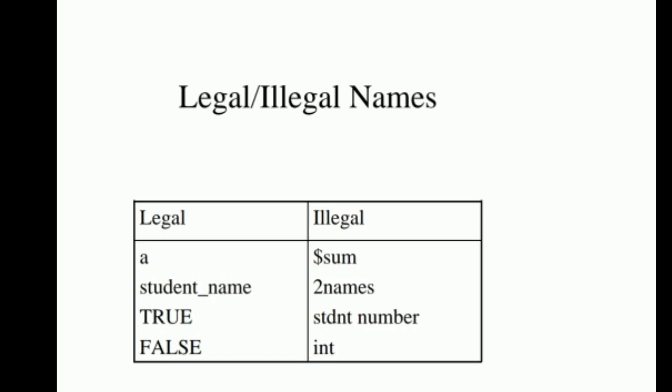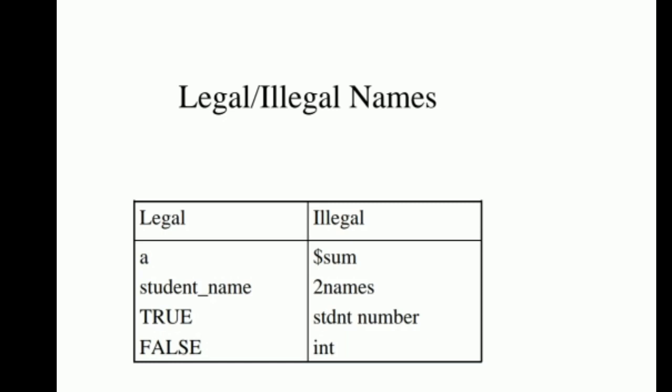The escape sequences: backslash b is backspace, backslash f is form feed, backslash n is new line, backslash r is return, backslash t is horizontal tab, backslash v is vertical tab, double backslash is a backslash, backslash single quotation is a single quotation, backslash double quotation is a double quotation, backslash question mark is a question mark.